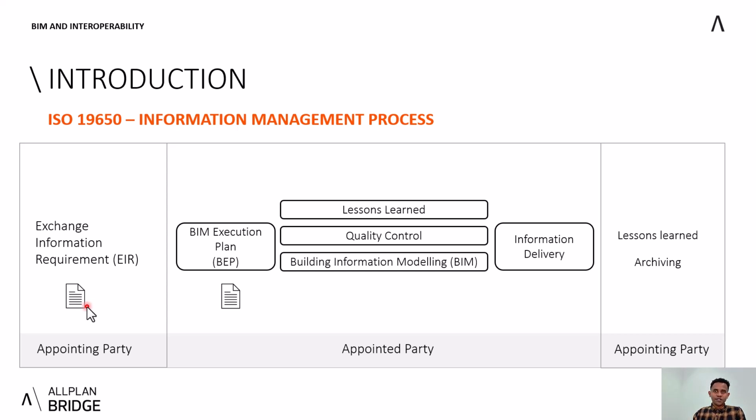Once the appointing party has identified and defined these requirements, the exchange information requirements, the appointed party has to fulfill them. First, before the tendering process starts, or before the appointed party has been selected, a set of different candidate appointed parties tender or participate, and they provide a BIM execution plan.